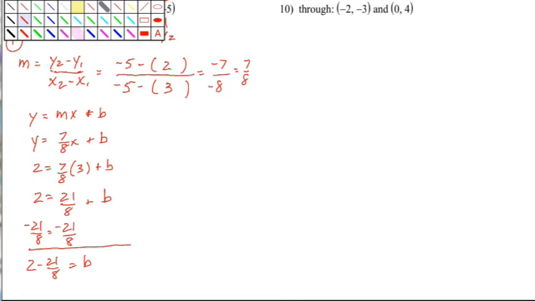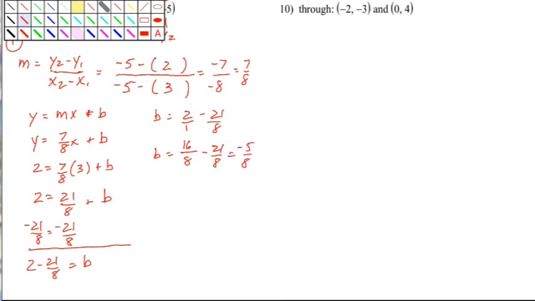Now we have b, but we still have to simplify it. Let's clean that up a little bit. I need to find a common denominator, and remember that 2 is the same as 2 over 1, so if I multiply the bottom by 8, I have to multiply the top by 8. This becomes 16 over 8 minus 21 over 8, which is equal to minus 5/8.